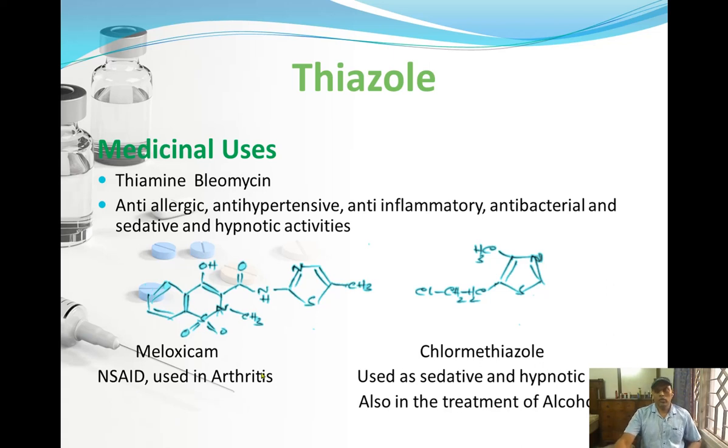So the next compound is chlormethiazole. Chlormethiazole is a simple structure as you can see here. A thiazole ring attached to these substituents here, the side groups. The moiety is a very simple structure. So it is used as a sedative and hypnotic. It can cause sedation, right, and hypnosis.